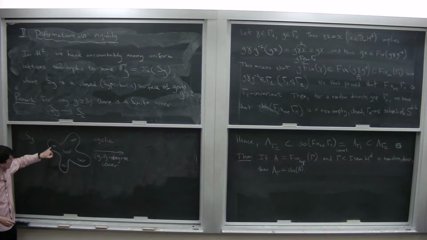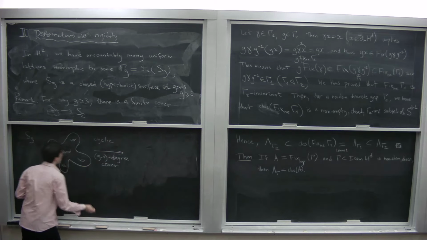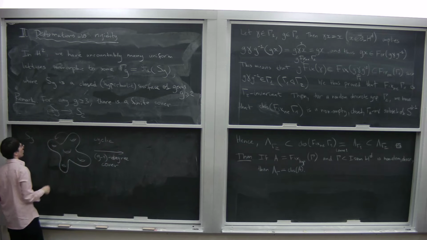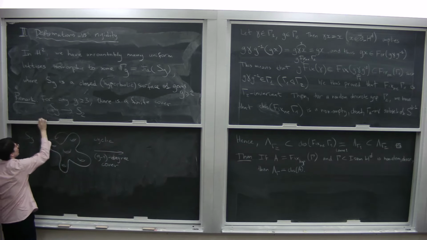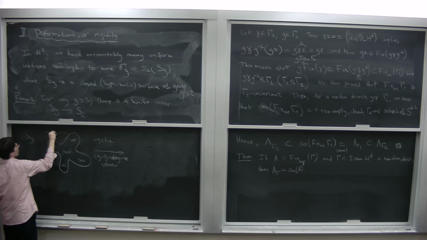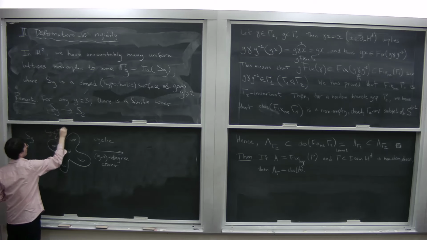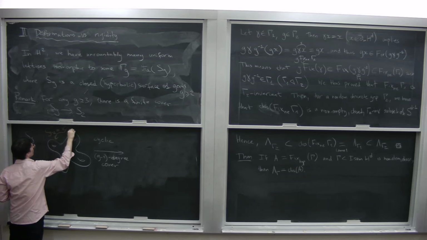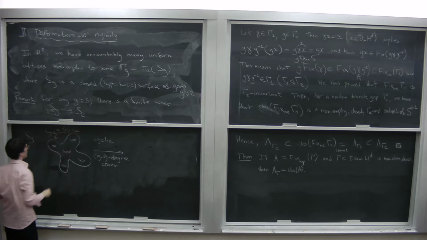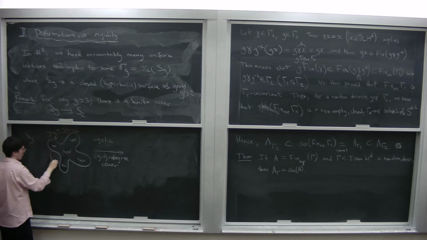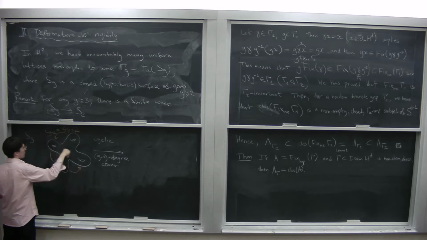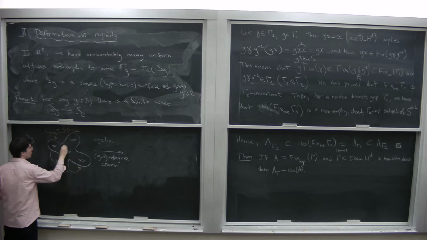How to get this cover? I need to take the quotient by the cyclic group of order G minus 1, where the cyclic group acts simply by this rotation. So let me take the group C G minus 1, which is Z mod G minus 1 Z, right? And it acts by rotation. And this one is fixed, right?